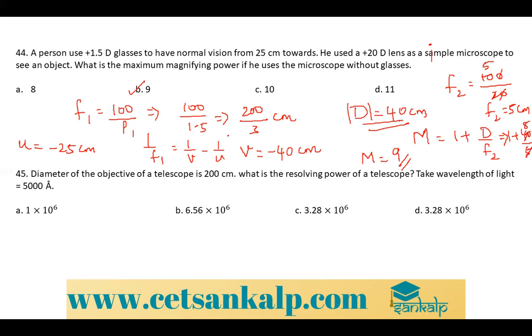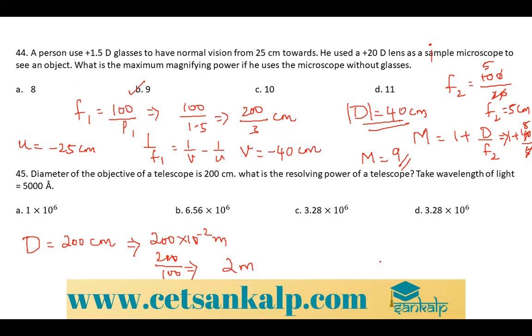Right, next, look. The diameter of the objective of the telescope is D equal to 200 centimeter. 200 centimeter is 200 into 10 to the power minus 2 meter, so 200 divided by 100, it is 2 meter.